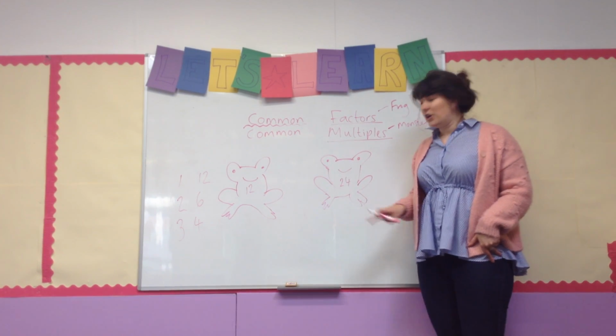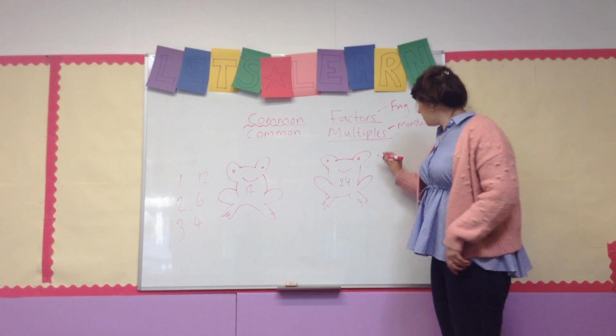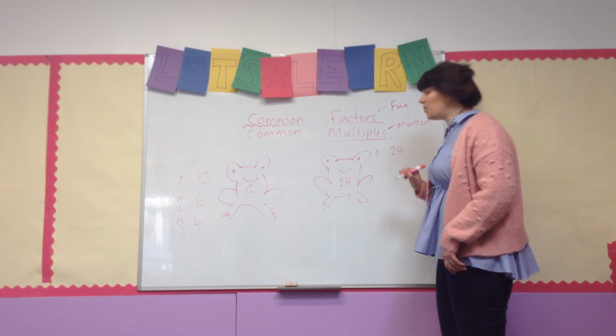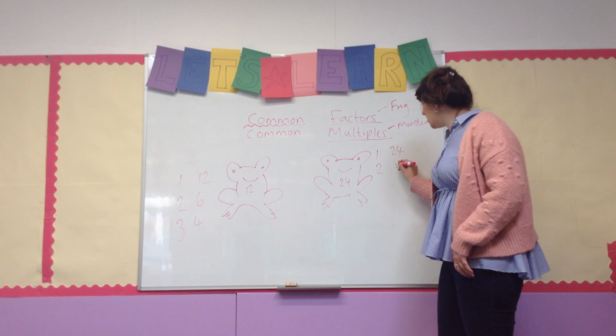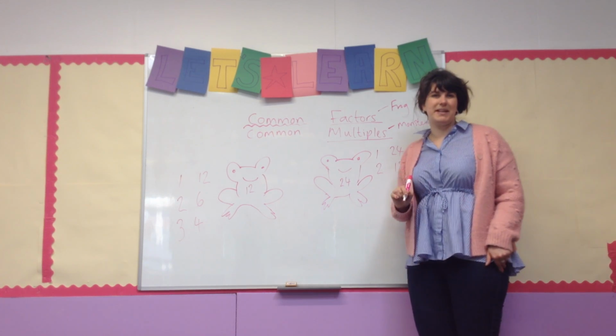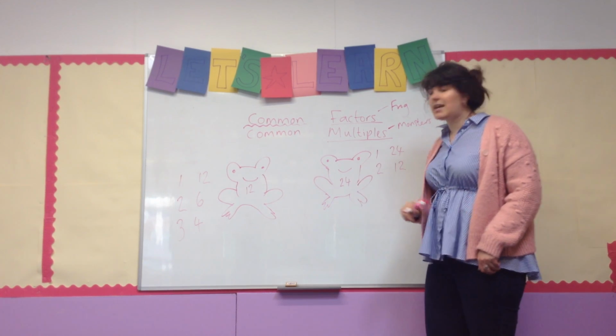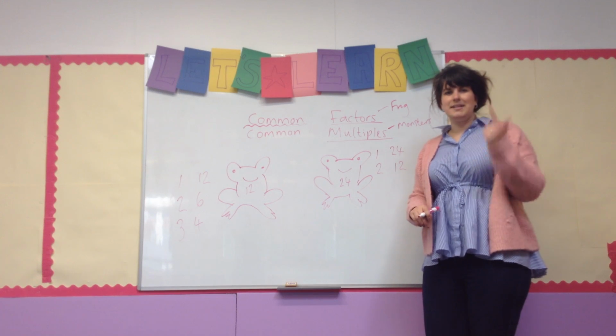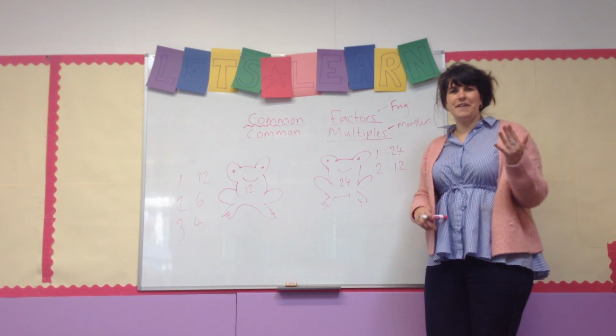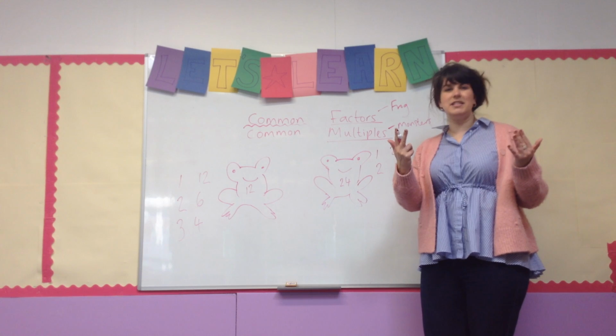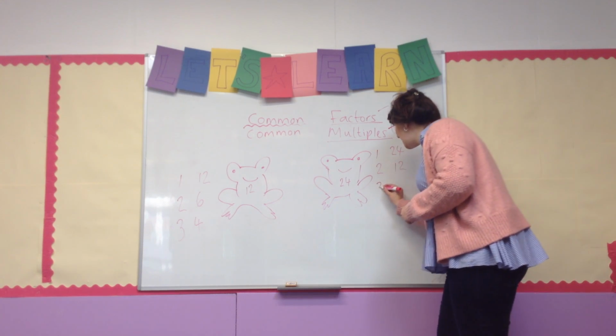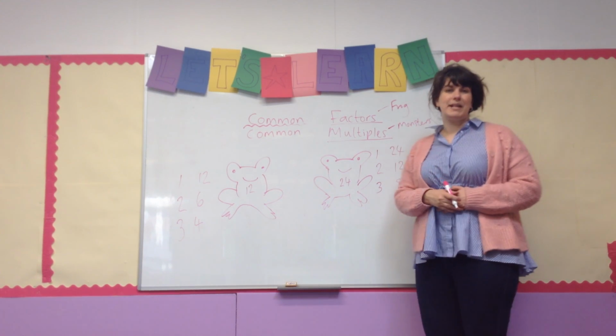Let's try the frog this side, 24. First of all, I've got 1 and 24. I've got 2 and 12. 2 times 12 makes 24. Does 3 go inside? Let's check. 3, 6, 9, 12, 15, 18, 21, 24. Yes, it does. 3 times 8 makes 24.